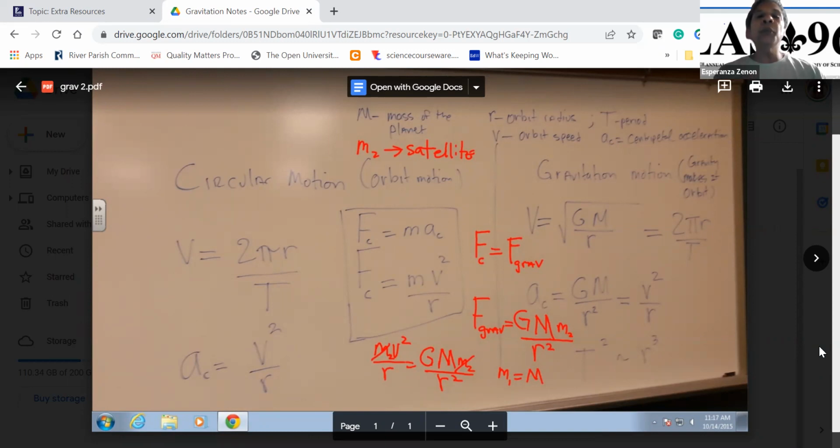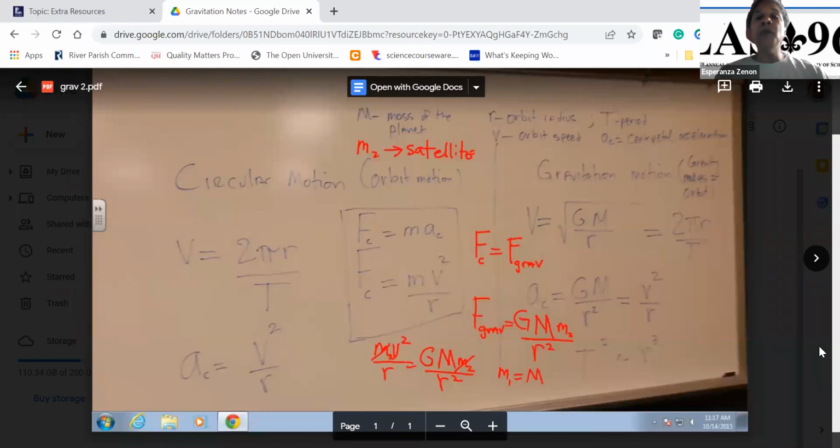So when you're comparing circular orbit motion to gravitation orbit motion, the thing you have to recognize is it is the force of gravity that's keeping the satellite in orbit. I mean, if I were to ask you, why does the satellite stay up there? Gravity, right?